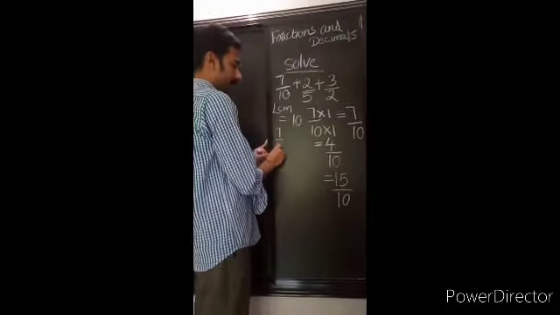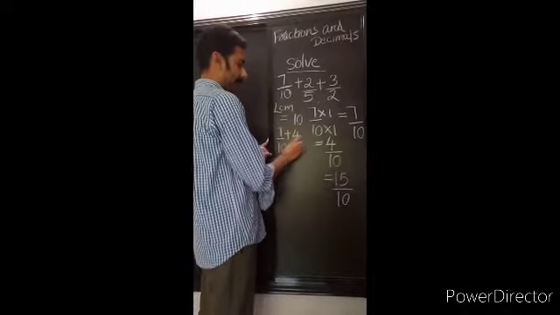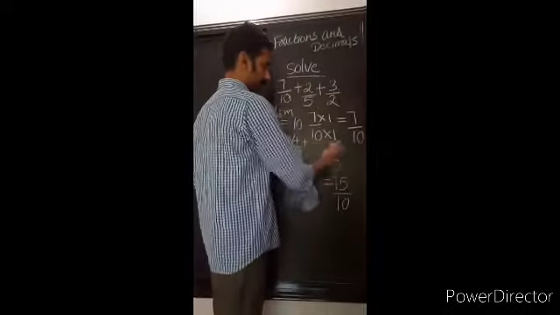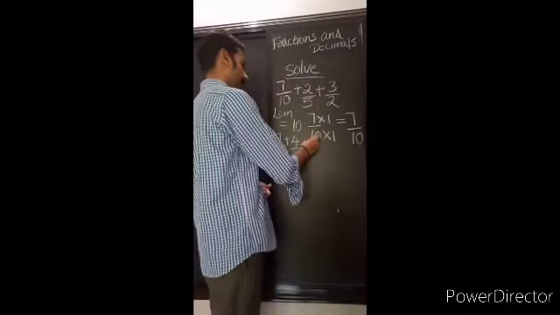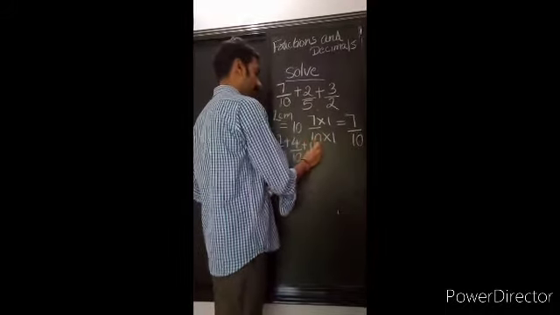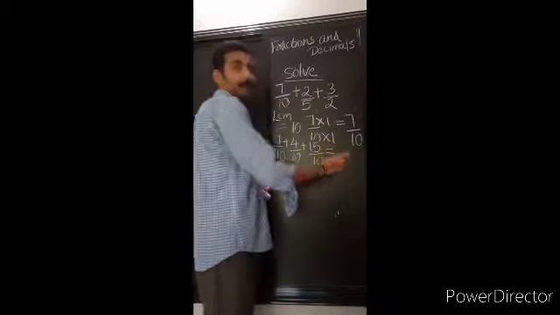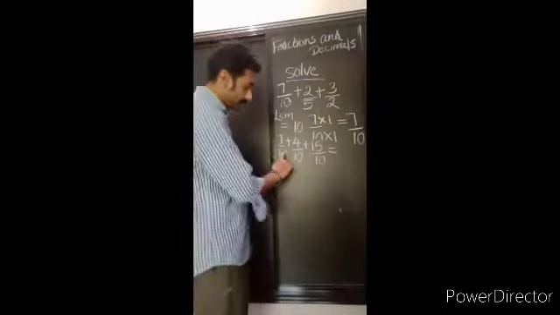7 by 10 plus 4 by 10 plus 15 by 10. Then add. The denominator is 10.